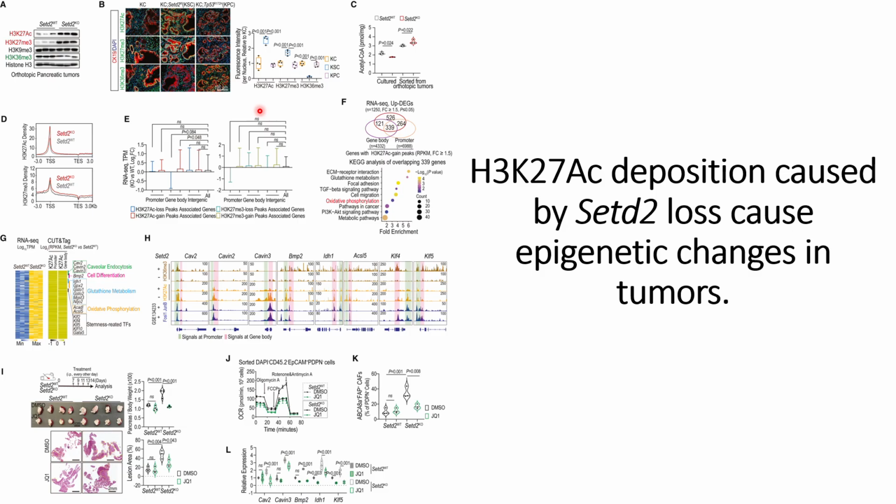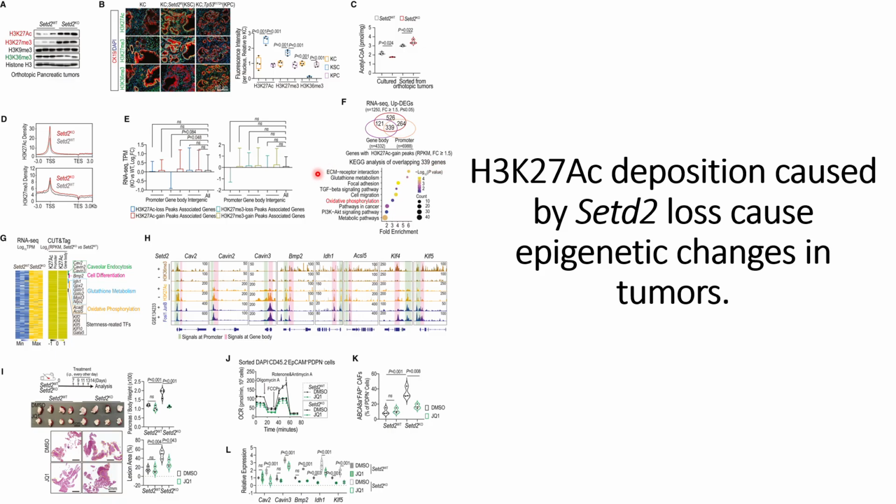Now what they did is they checked the genes that are common in the gene body, the promoter region, and the intergenic regions, and using KEGG analysis they wanted to find out the pathways related to these overexpressed genes.